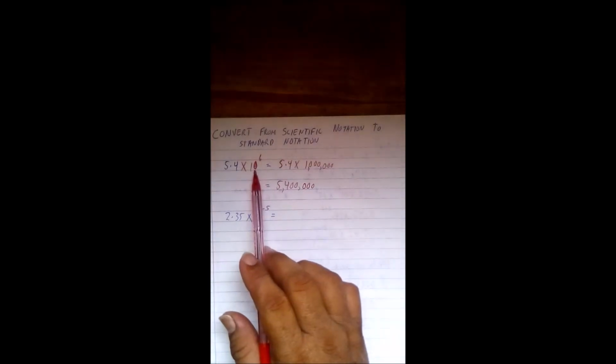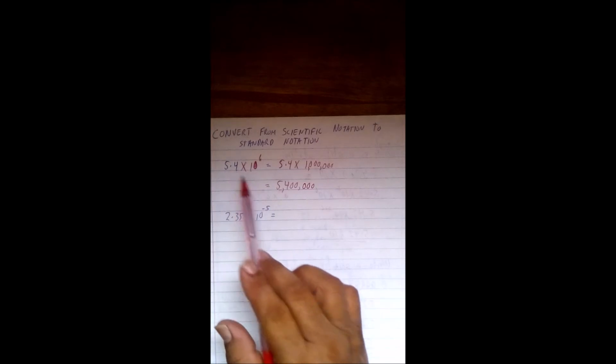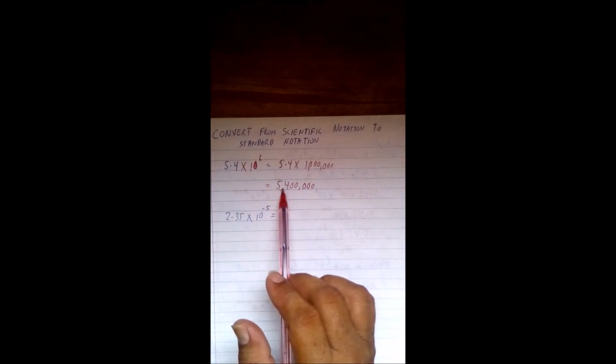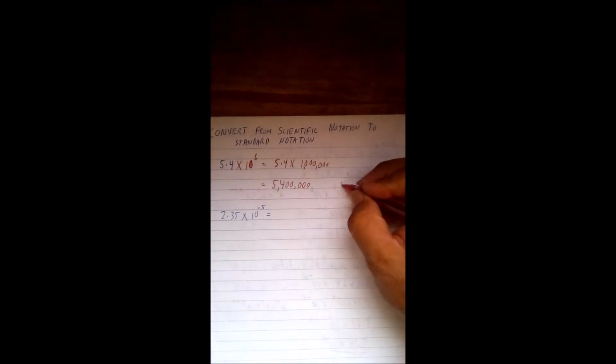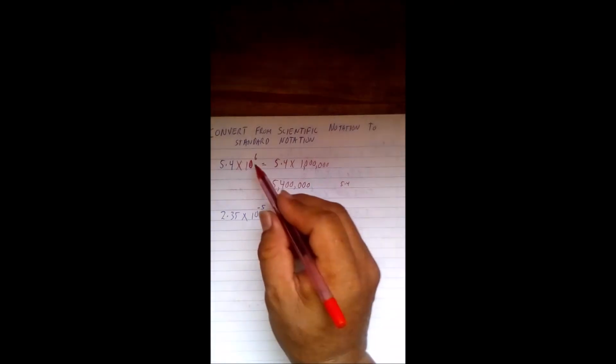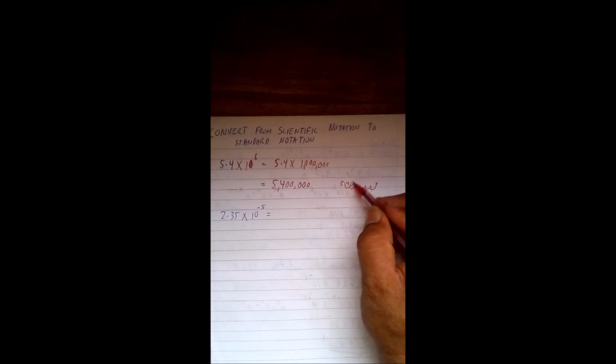When we had 10 to the 6th power, I have 5.4 and I move the decimal point 6 places: 1, 2, 3, 4, 5, 6. I add zeros in those empty places, so we have 5 zeros now and the decimal point.